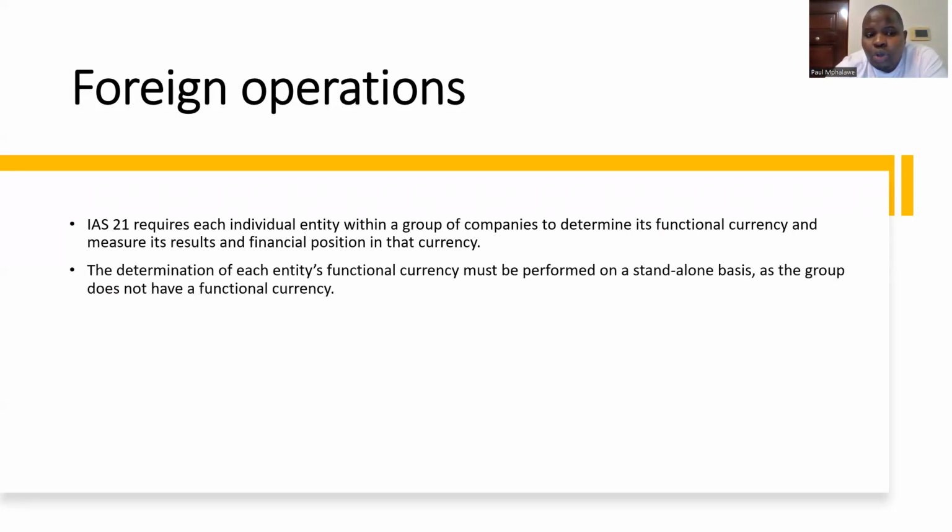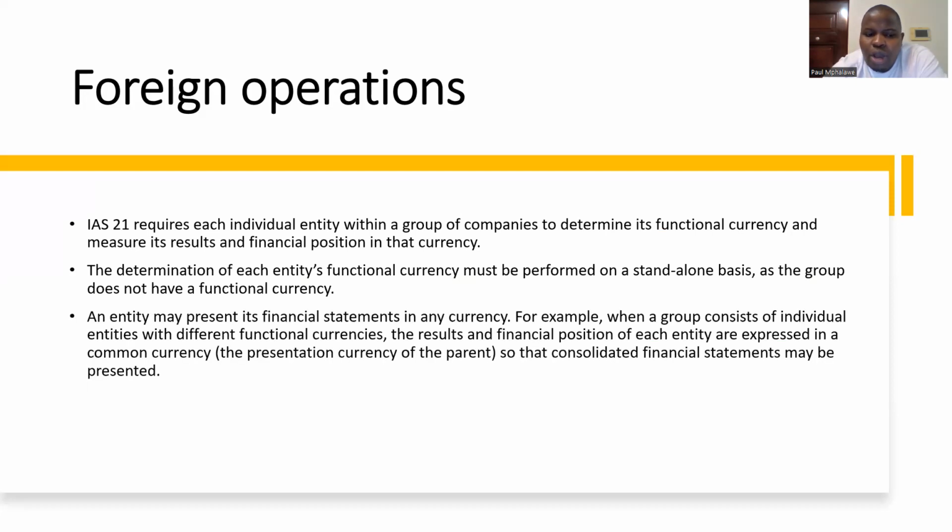Okay. So the determination of each entity's functional currency must be performed on a standalone basis, as the group does not have a functional currency. Okay. So an entity may present its financial statements in any currency.